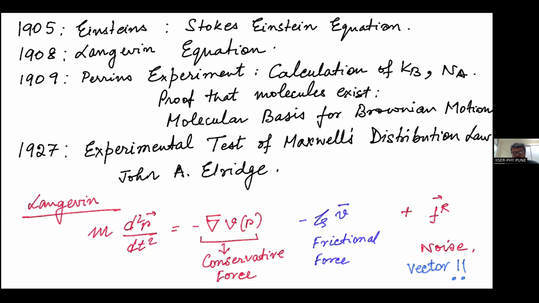And Einstein wanted to know why there is Brownian motion and so on and so forth. Statistical physics was coming up. And in 1908, there was the Langevin equation, which gave a very simplistic description of the motion of this Brownian particle, which we'll see soon.